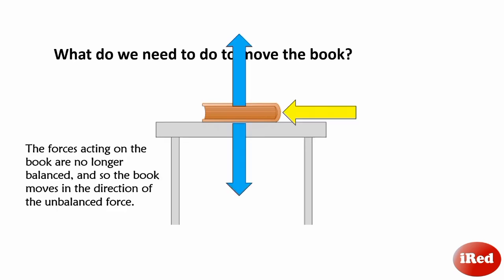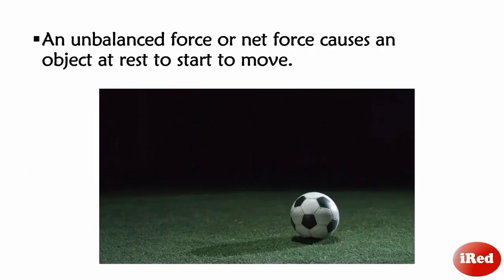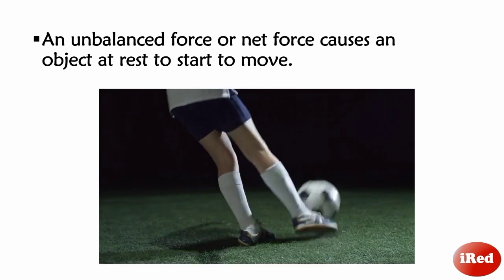Because the forces acting on it are no longer balanced. Or in other words, a net force acts on the book. And the book moves in the direction of the unbalanced or net force. So, an unbalanced force or net force causes an object at rest to start to move.